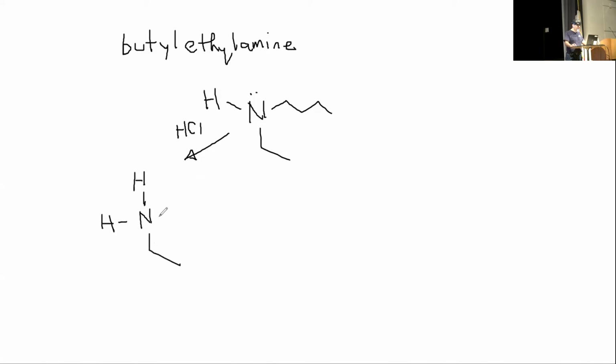So we have our ethyl group and we have our butyl group still. 1, 2, 3, 4. Plus charge on the nitrogen, and if you need to show the counterion, it would be chloride. So what other reactions did we do? We said that you can take an amine or ammonia in excess and treat it with an alkyl halide, like what about, oh, I don't know, benzyl bromide. That's a favorite one.